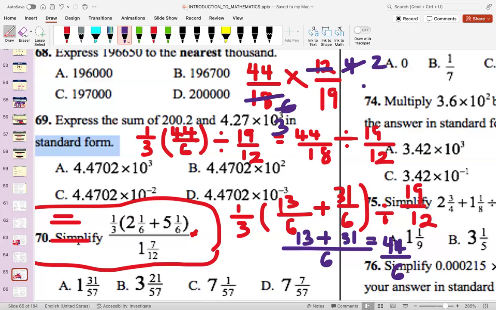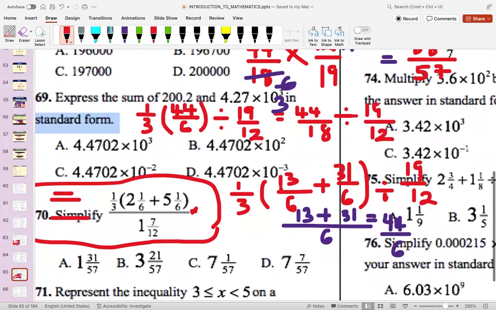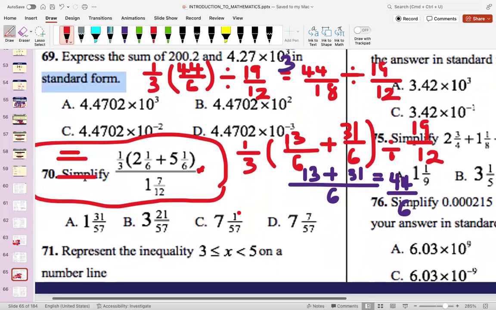So it means we need to multiply the top and then the down. And this is what we do. 44 multiplied by 2, you will have 88, divided by 19 times 3, you have 57. So we have 88/57.